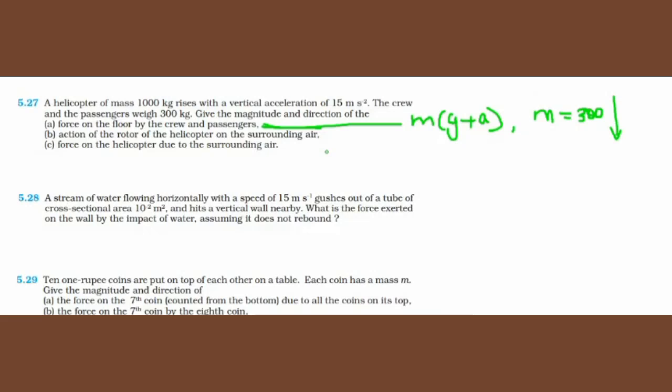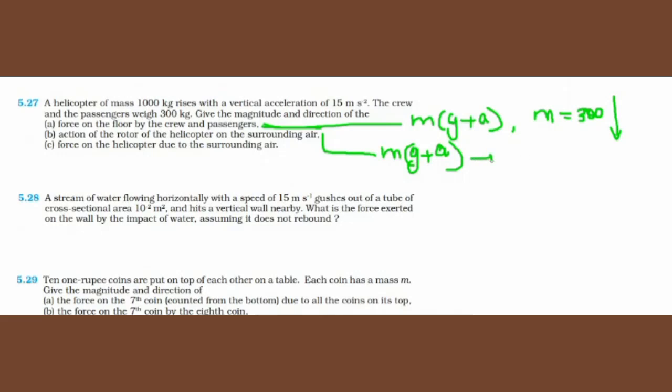So action of the rotor on air should be able to lift the entire object. Therefore, we can have the answer again m into g plus a, as it is moving upward, m into g plus a.